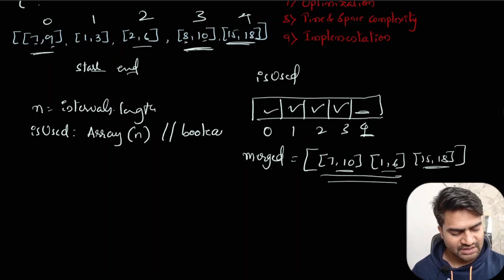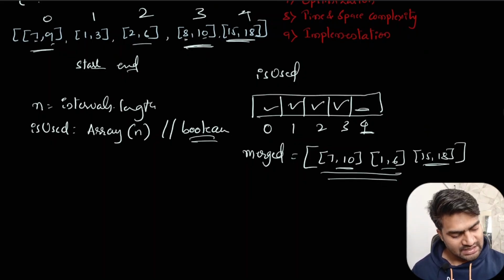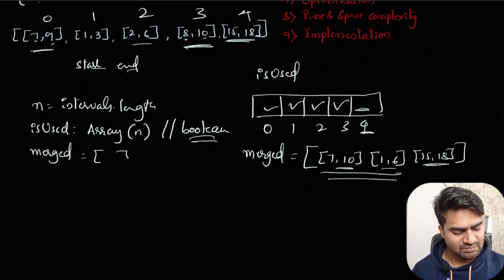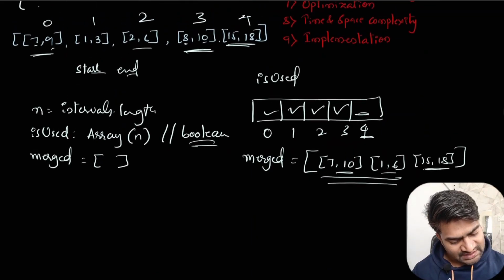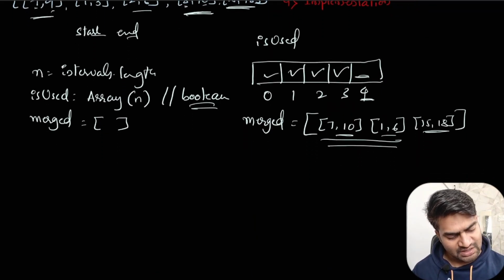That we need to keep in mind. Next, we need a merged array. Assume this is our merged array of some random length. You can take a list, basically an ArrayList, or a normal array in JavaScript. With this, do we need anything else? No, right? So now let us start.